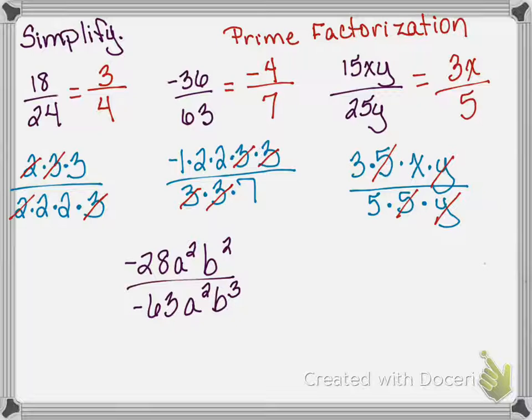Okay? Now, we're going to start with -28. What did I tell you was the first thing we take out of -28? Good. And then 28 breaks down to? It's even, so what do we know goes into it? It's even, so we know 2 goes into it, right?